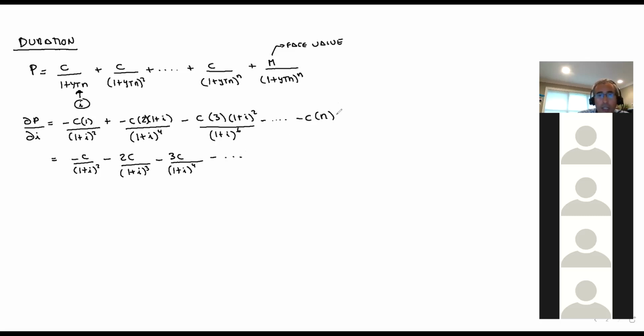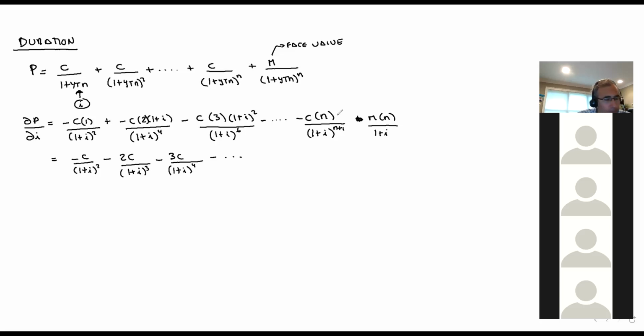This is going to be n times 1 plus I to the power n plus 1. And plus M, minus M n, that multiplies 1 plus I to the power n plus 1.